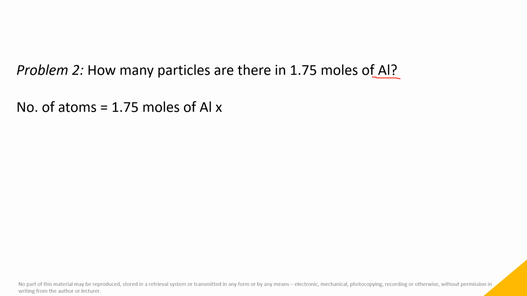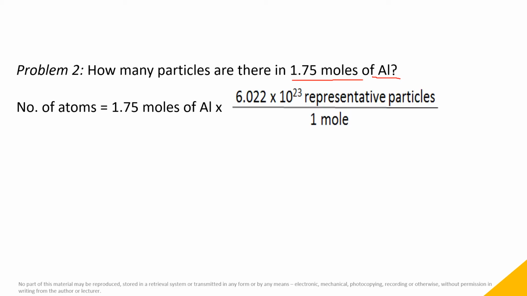So the number of atoms is equal to the number of moles, which is 1.75, multiplied by Avogadro's number over 1 mole. So we have 6.022 times 10 raised to the 23rd power representative particles over 1 mole.